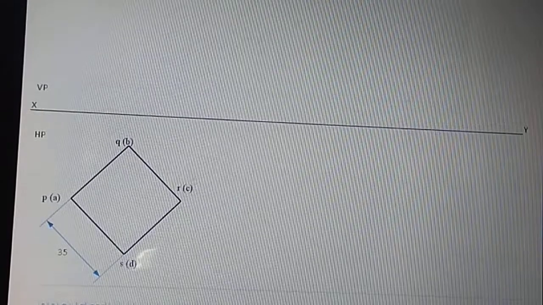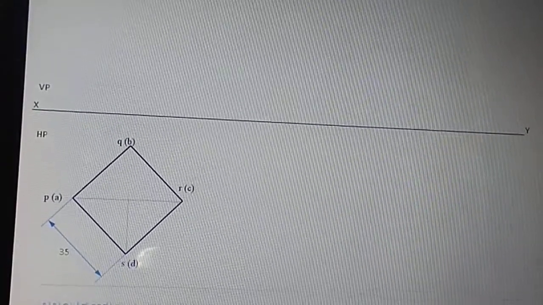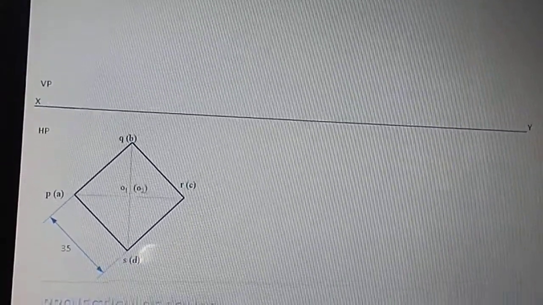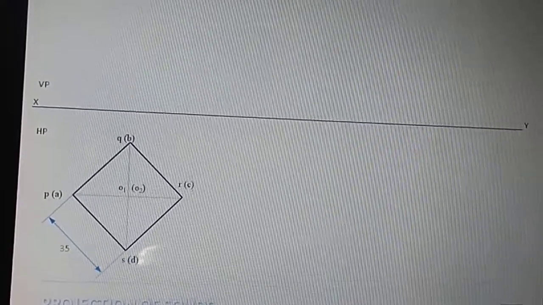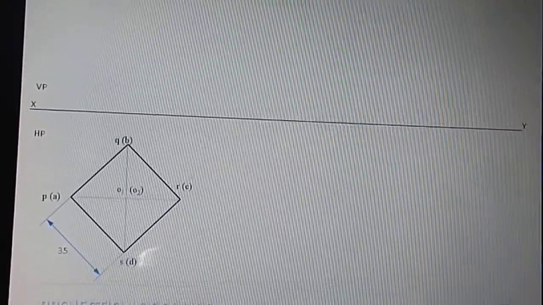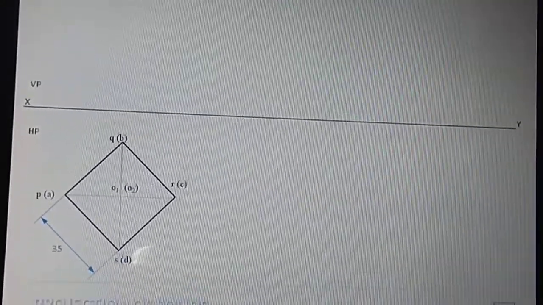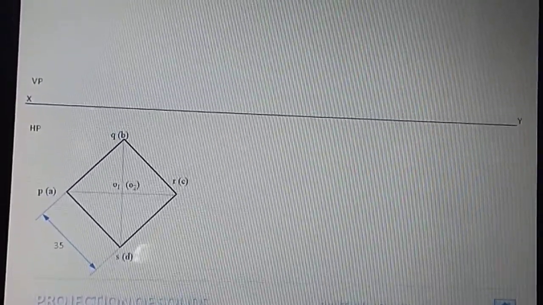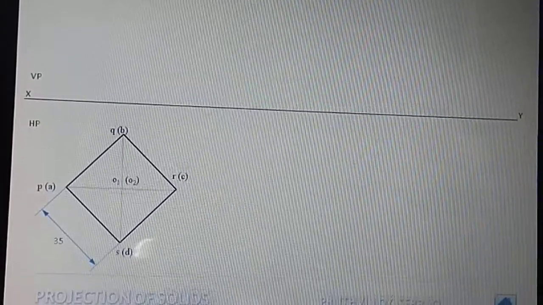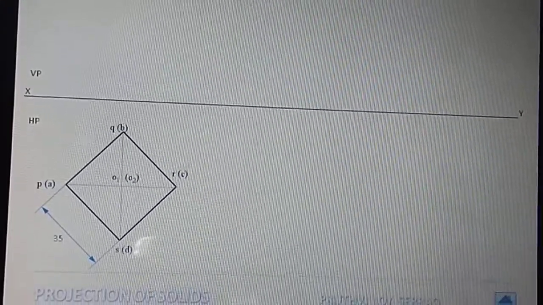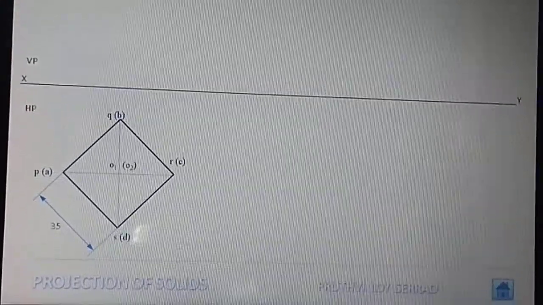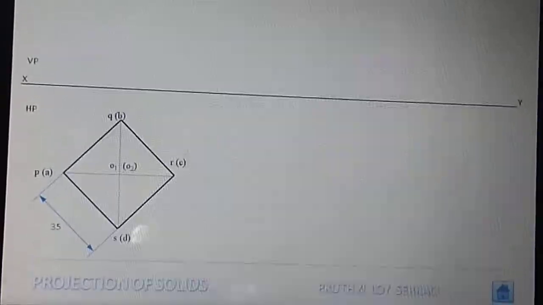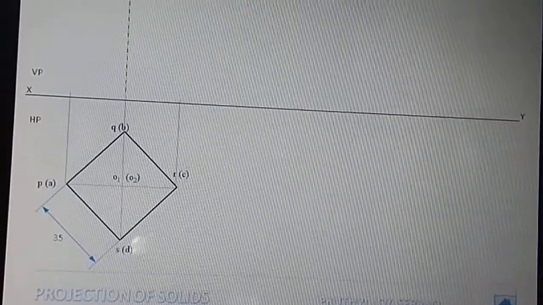Next, draw the diagonals from the opposite corners. You get the intersection point exactly at the center of the top view, represented by O1, with O2 inside the bracket. O1 is the top face center and O2 is the bottom face center of the square prism. Then we draw the projections.